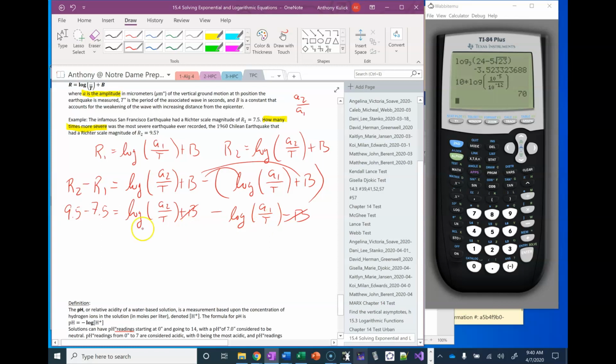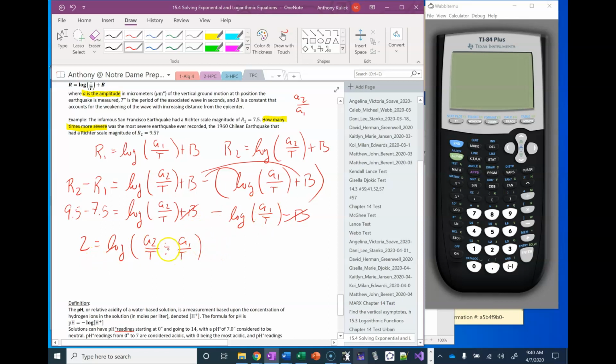And now what I can do is use the quotient property for logarithms. So 9.5 minus 7.5 is 2. And what this is going to do is I'm going to have the numerator divided by, or the positive part divided by the negative part.